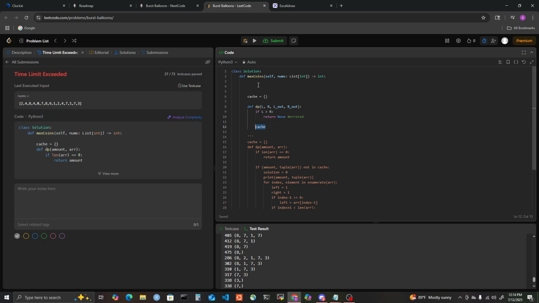I'm going to say the cache. If LR is not in cache, then I'm going to say for index in range of L to R plus 1.